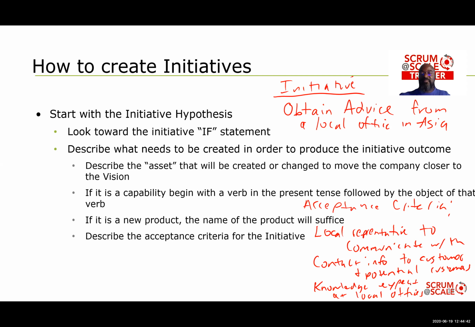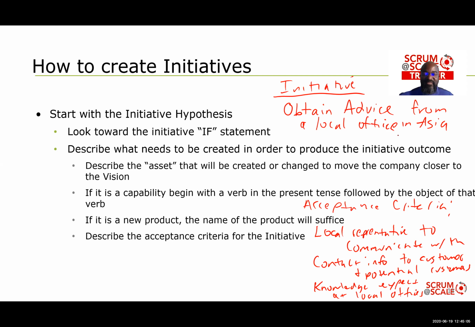So again, I'm just going to keep asking that same question of how do I know? What needs to exist? What must be true in order for me to know that my customers can obtain advice from a local office in Asia? As I keep asking and answering those questions, each answer becomes an acceptance criterion.